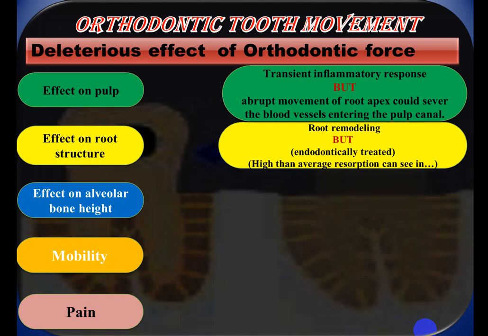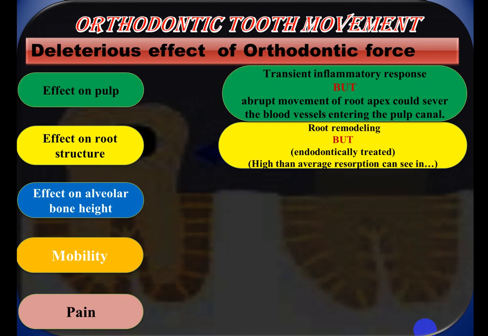But sometimes, if the repair by the cementoblast cell does not replace the initially resorbed cementum, it will cause damage to the root surface. So keep this in your mind.